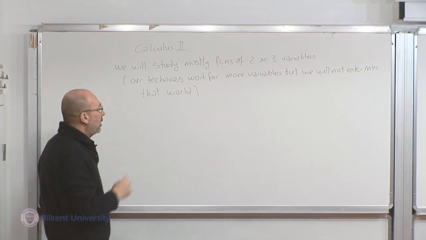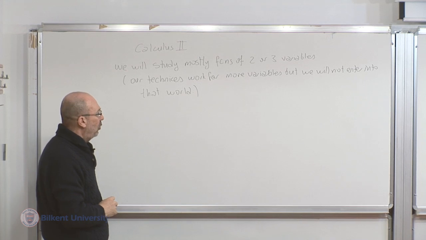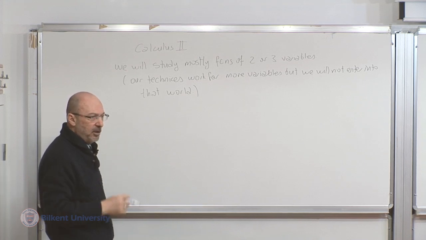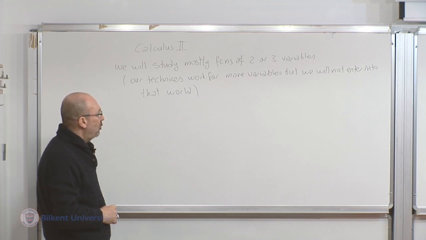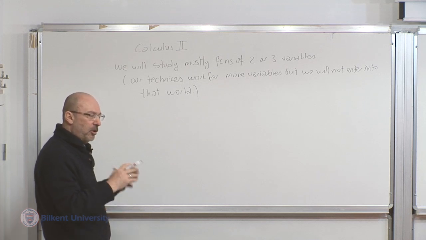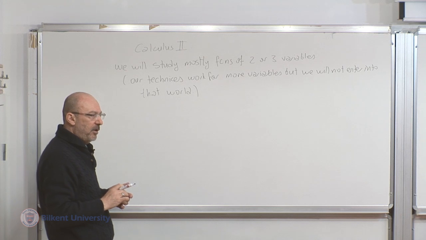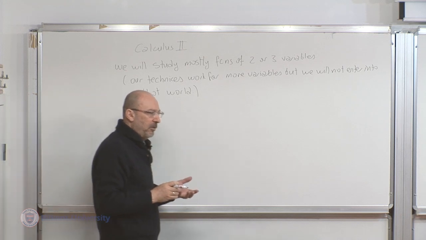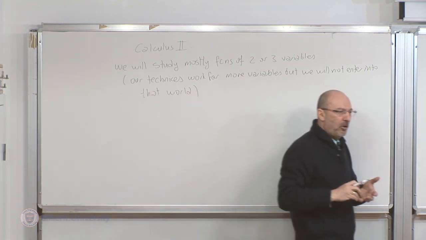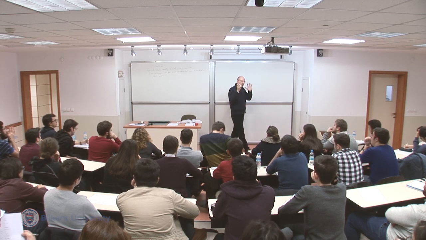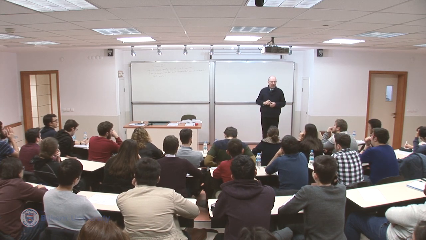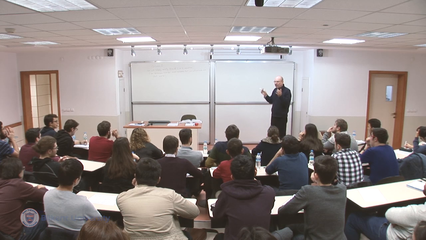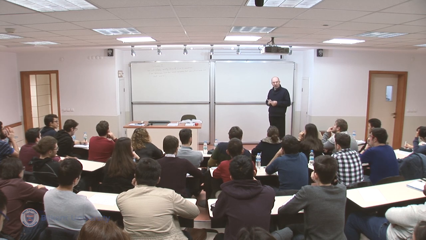The reason why we study only 2 or 3 variables while our techniques work for 30 variables is because in calculus we want to draw pictures so that we get a geometric intuition of what's happening. Then when it comes to working with 7 parameters, you know that there is some 7-dimensional space which locally looks like something similar to what you have learned.